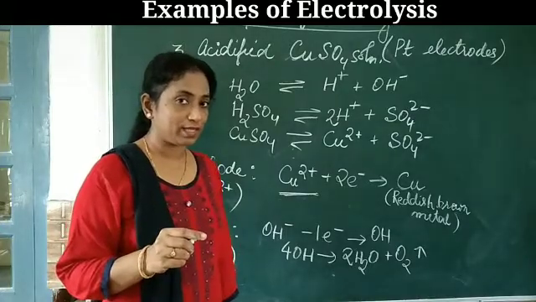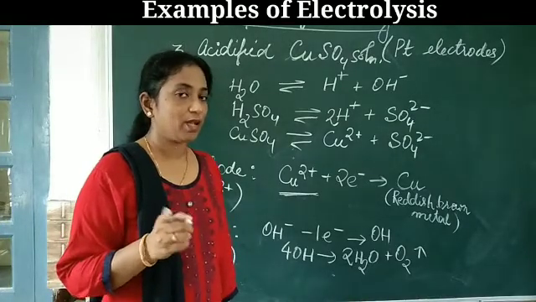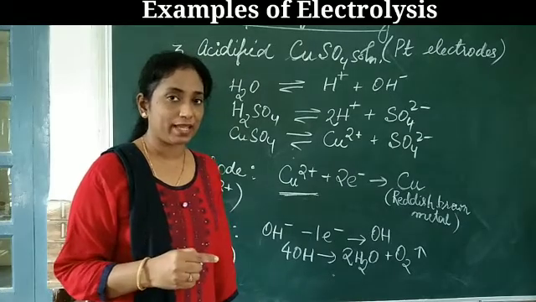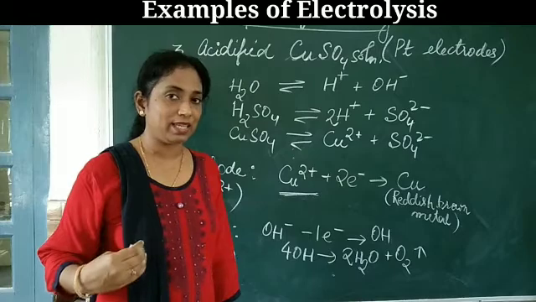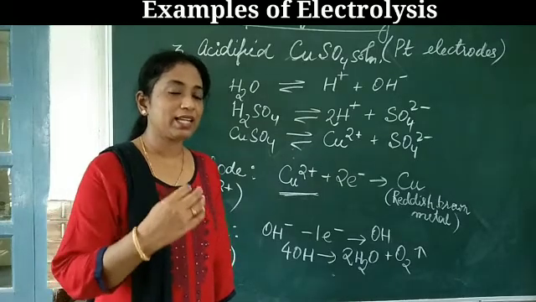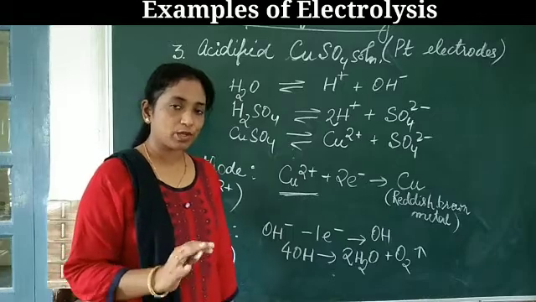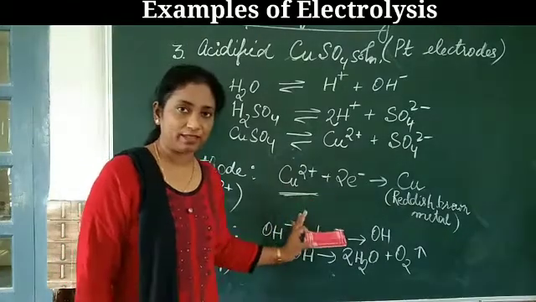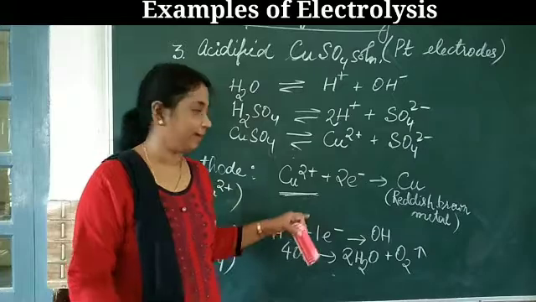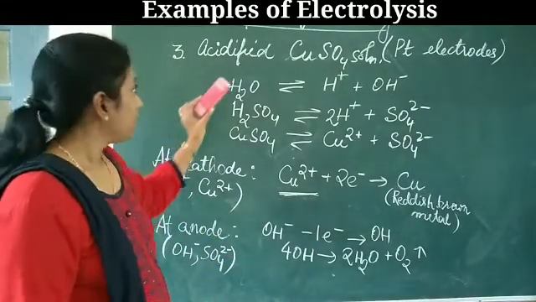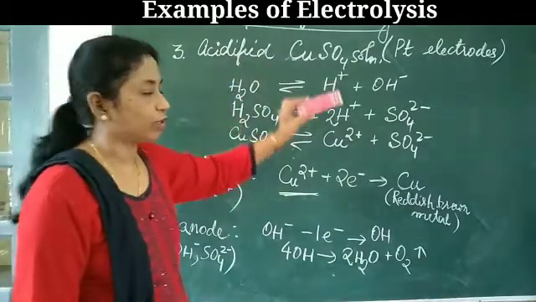As the electrolysis proceeds, the concentration of the Cu2 plus ions will go on decreasing in the electrolyte, and thus the color will go on fading. Remember that. So that is about acidified copper sulfate solution.